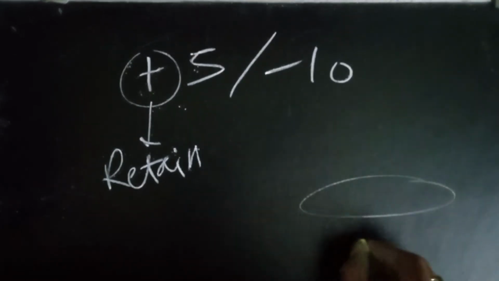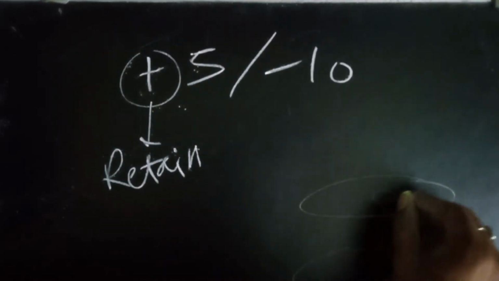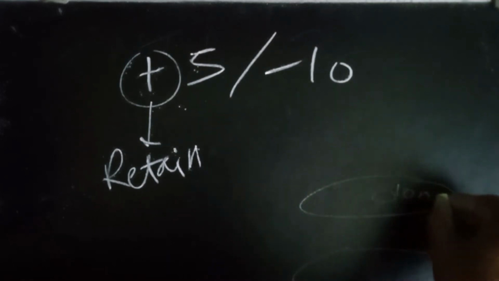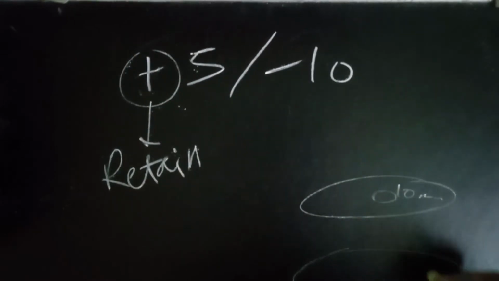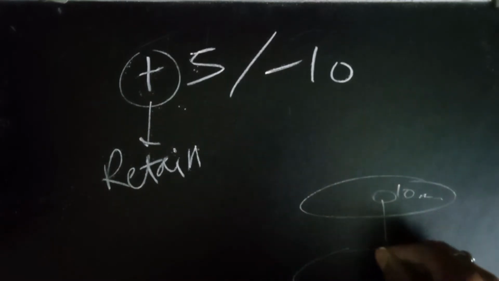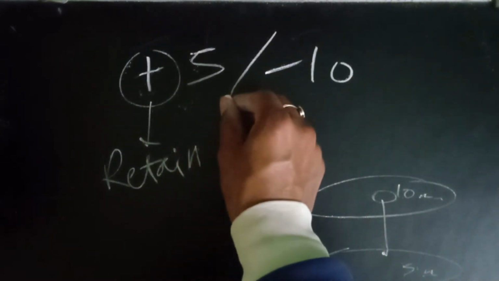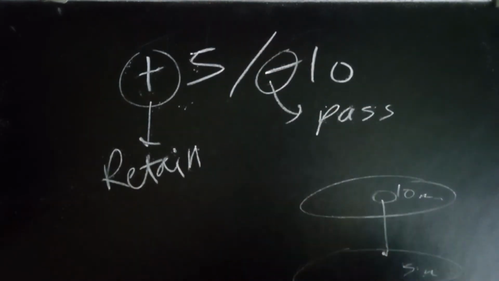Here we have two screens: the upper pore size is 10 mm and the lower one is 5 mm, with the smaller pore size. Material will come over here. So plus 5 mm is retained, and minus means passed through. This is how we denote it.